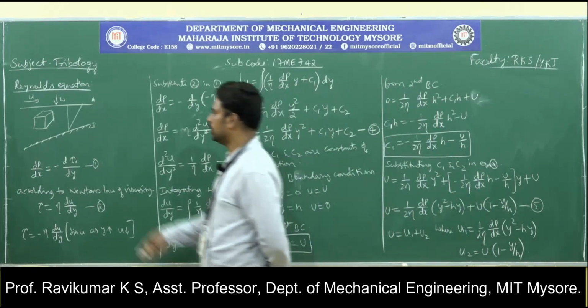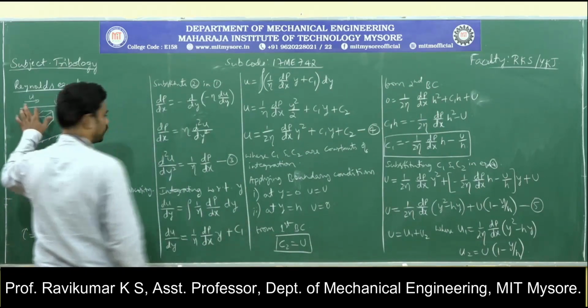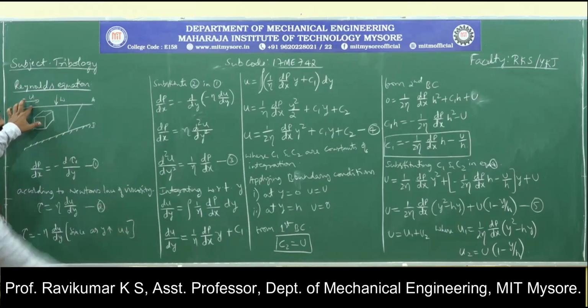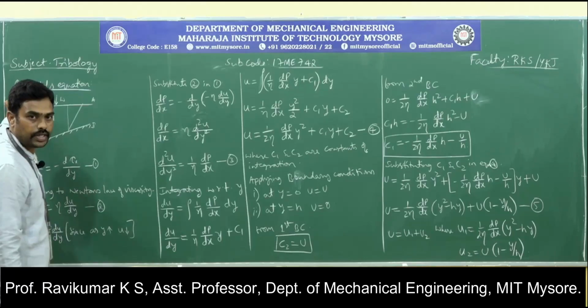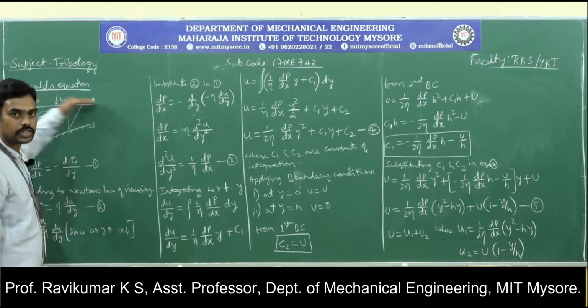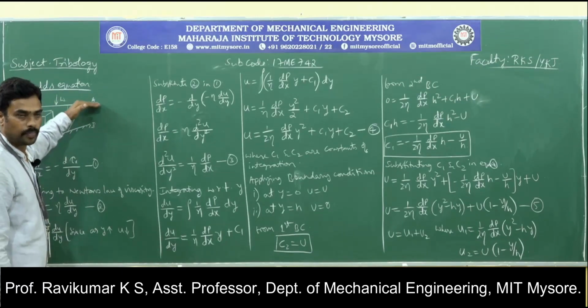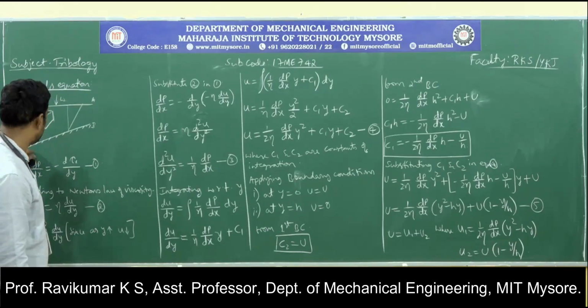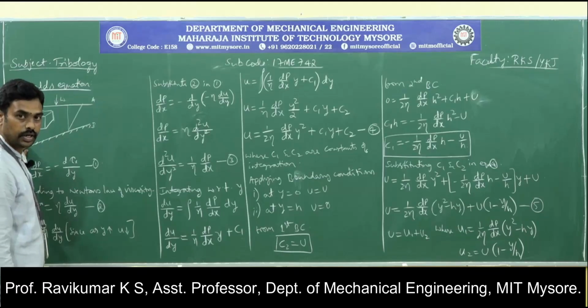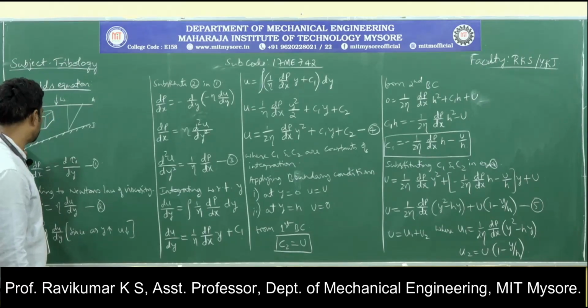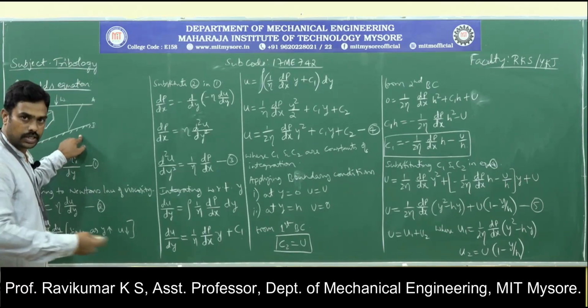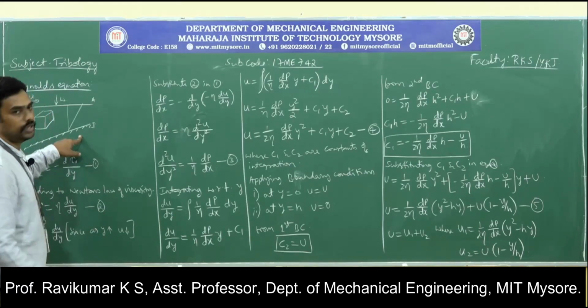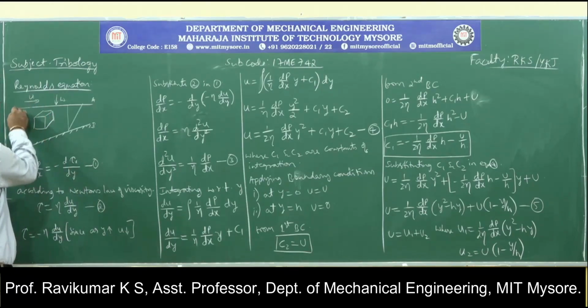The first boundary condition, at y equal to 0, means the moving surface, where the velocity is U. It is written here, velocity is U. Similarly, y equal to h means the surface which is stationary, where u is 0. So this distance is h.